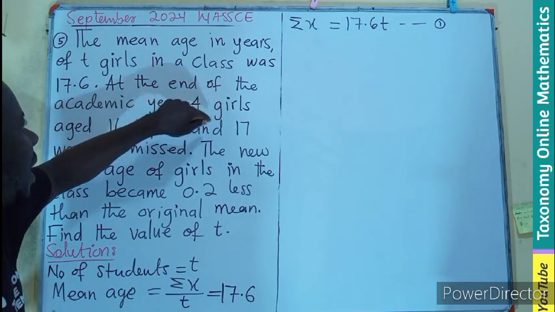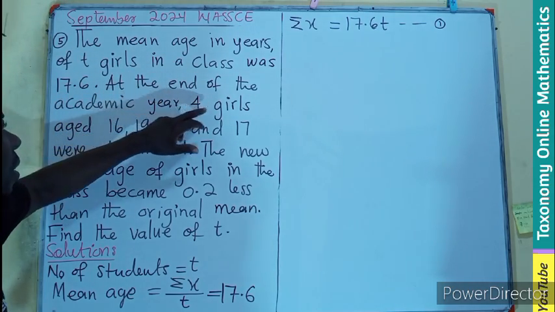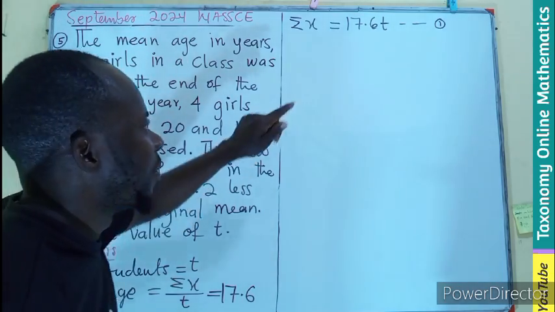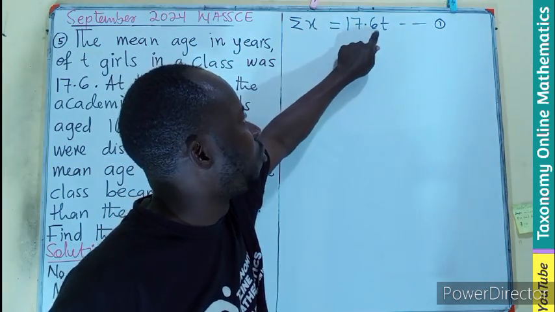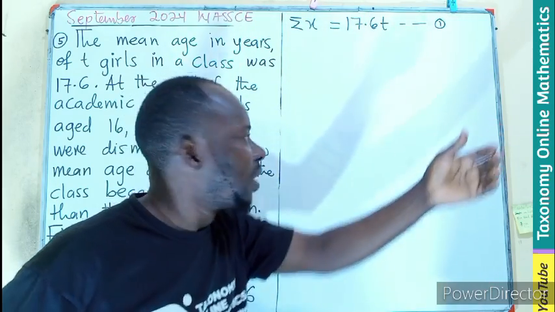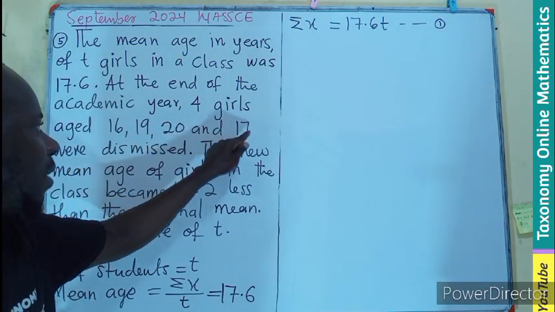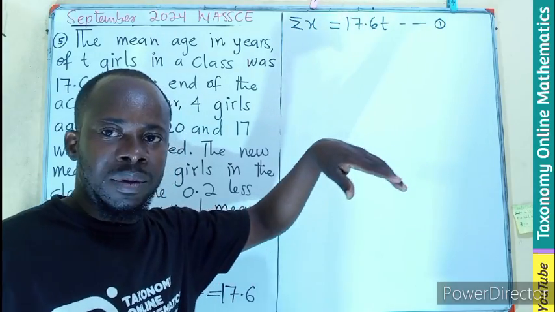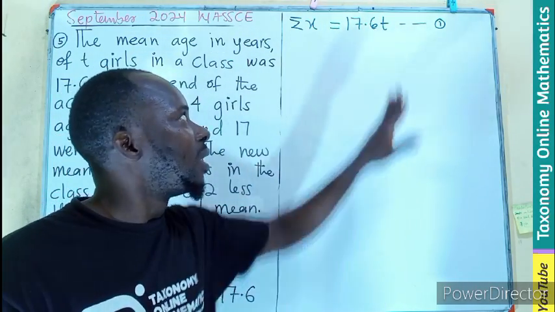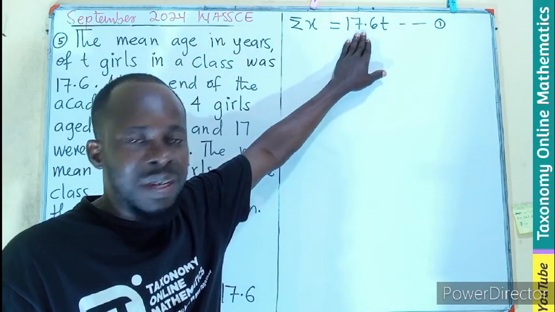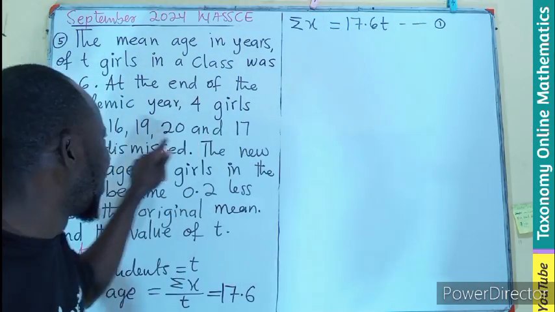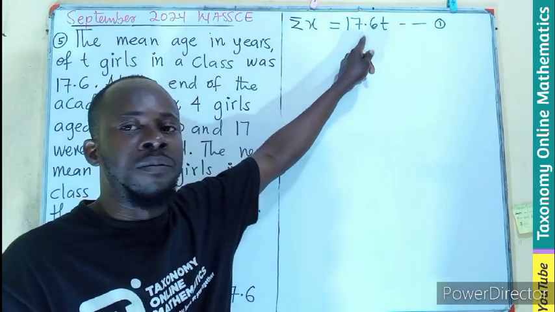Then at the end of the academic year, 4 girls with their ages have been dismissed, which means out of the 17.6 T, which is the sum of all the ages, this number of ages is going to be taken out, because this is the total number of ages. When we add all the ages in the class, this will be the total, right? Then 4 of those girls have been dismissed, meaning their ages will be taken out of this.